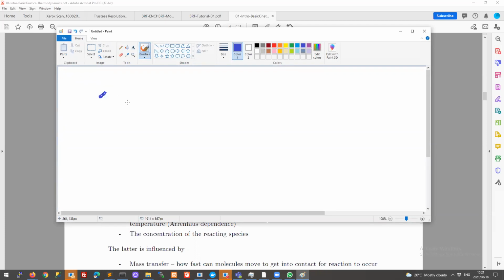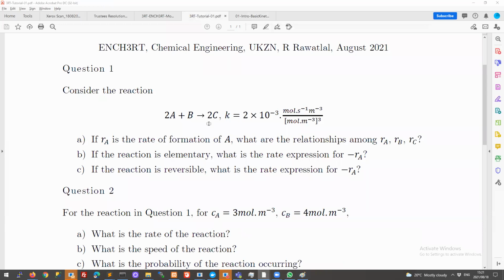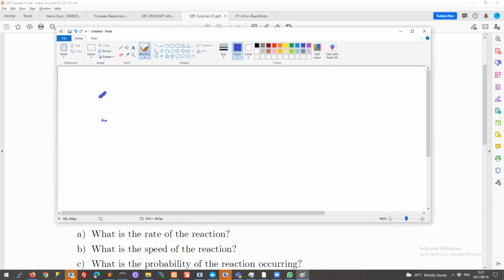Let's stick with the tutorial question. So we've got 2 of A reacting with 1 of B. So let's say that's A, and then that reacts with B, and these 2 combine in some way, and they give us 2 of C.